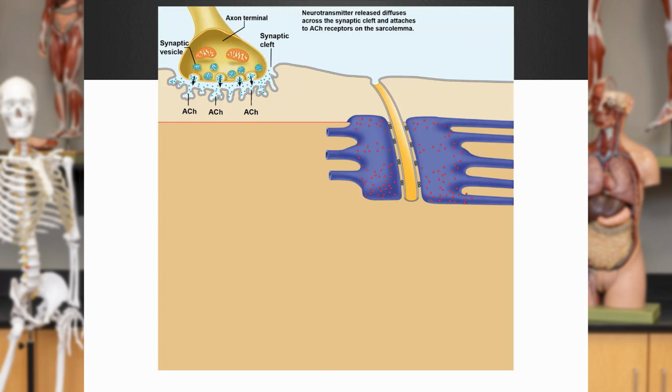So think small local depolarizations. What happens then is, if they can all add together to reach threshold, so negative 55 millivolts, they can trigger an action potential. Once you hit threshold, an action potential starts, then it's going to travel down the sarcolemma, down the muscle membrane.